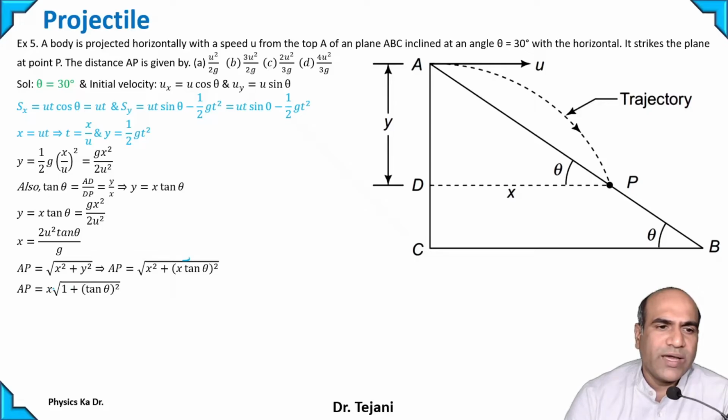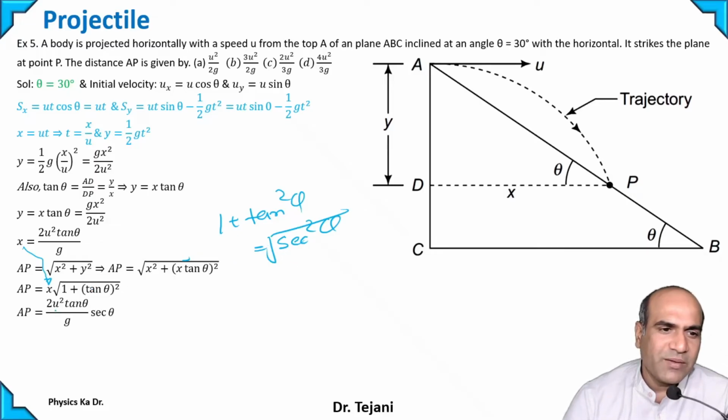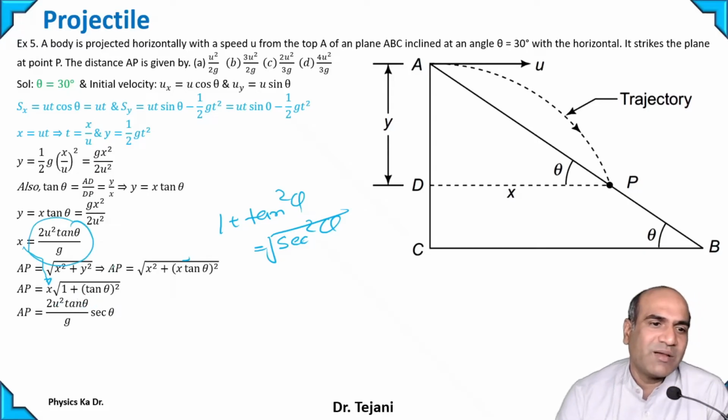So AP is equal to x, you can put value of x here, and 1 plus tan square theta is equal to sec square theta, and if you take the root, it becomes sec theta. So here x is equal to 2u square tan theta by g, that we already derived, and it becomes sec theta.